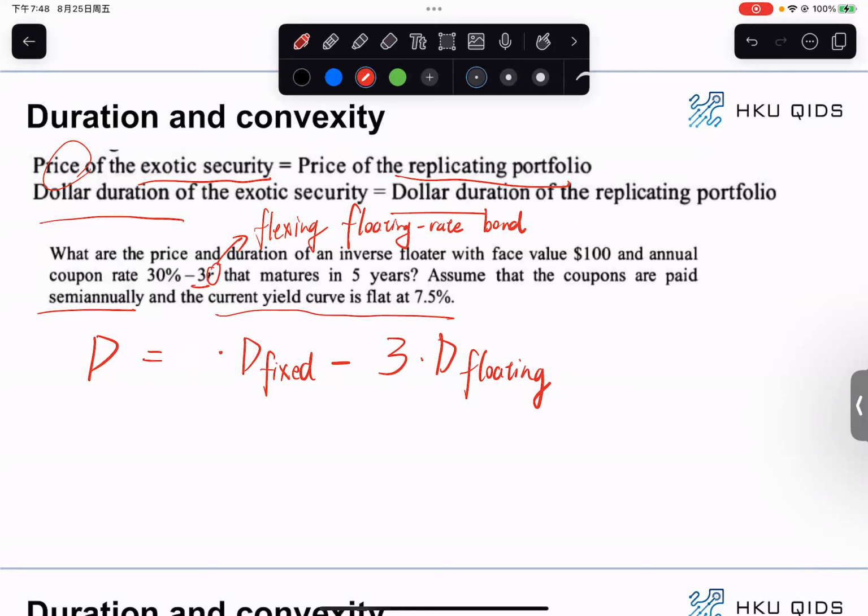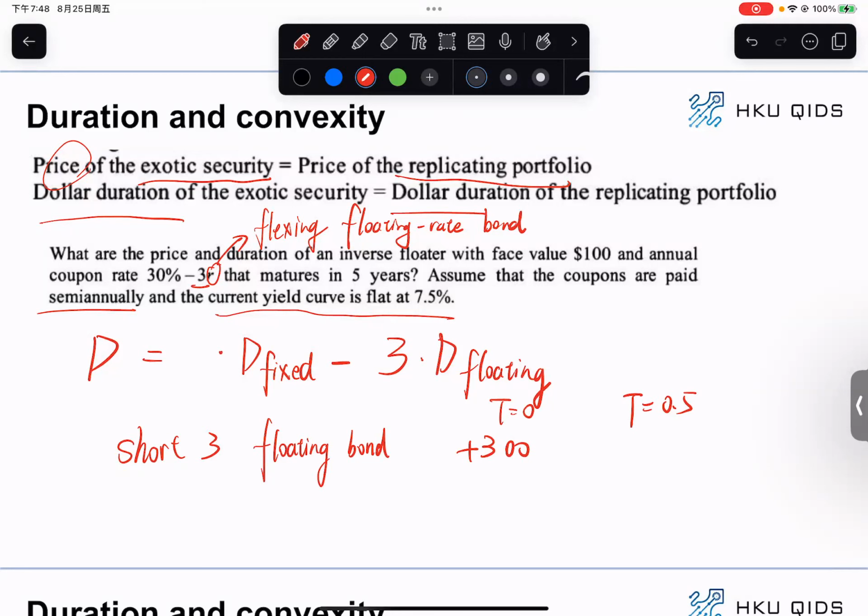And then for B of 3, we are basically short 3 floating bonds, where at time t equal to 0, we are going to have $300 plus, right? Because we are shorting it. And at time equal to 0.5, we are going to have what?